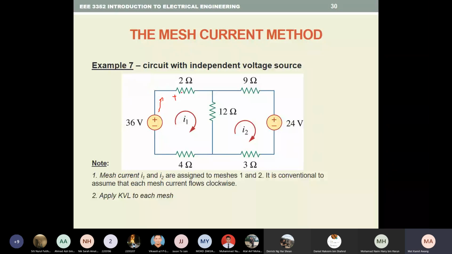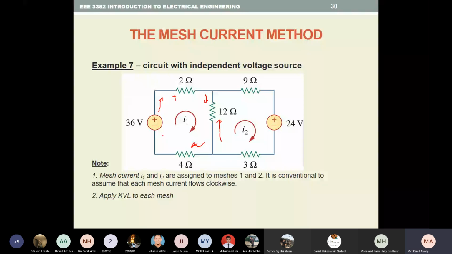So 36 minus 2I1. And this one is going in. So I1 is going in, but I2 is going this way. So I1 minus I2 times 12. What about this one? The current is this way, so I1 times 4. All add up equal to 0. Okay, that is the first mesh.